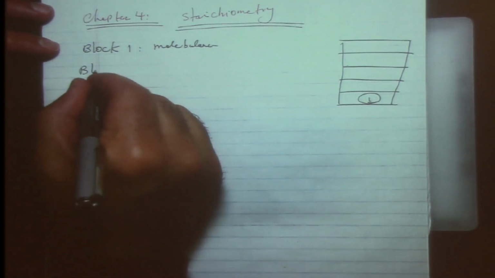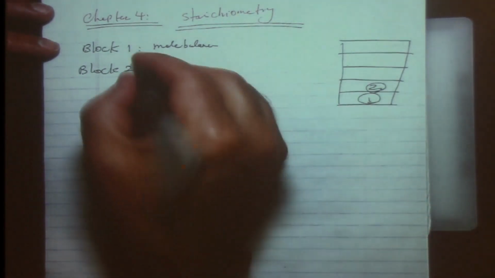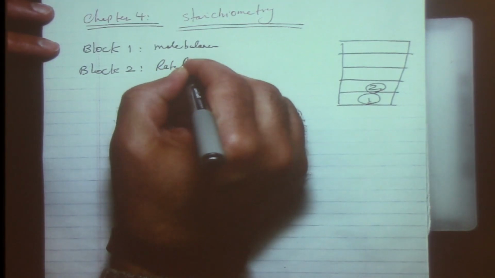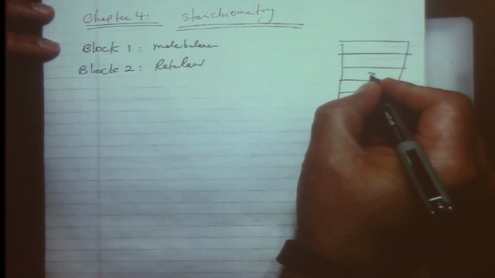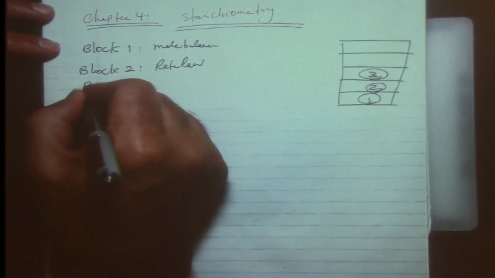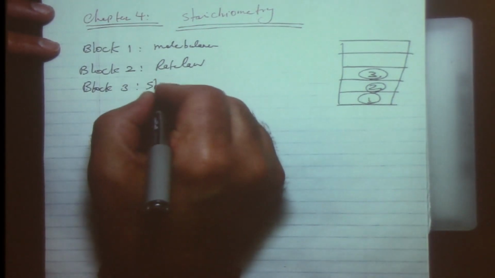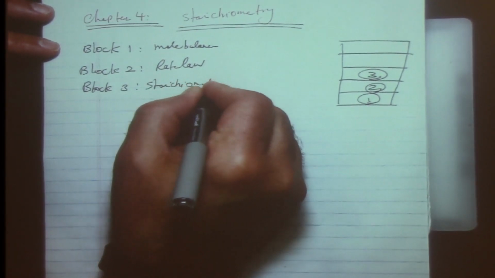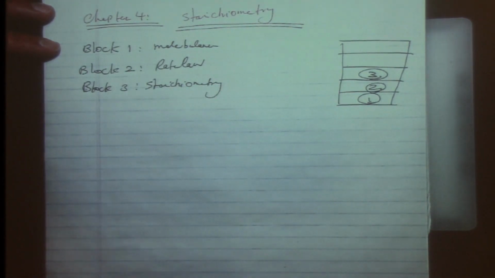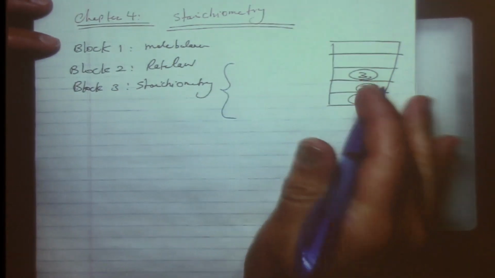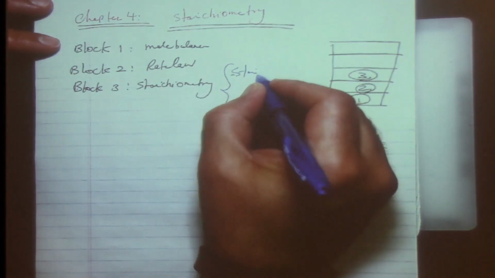So block 2. Block 2 was rate law, right? This chapter has to do with block 3, which is stoichiometry. So what we do in this chapter, we are going to have the stoichiometry table.